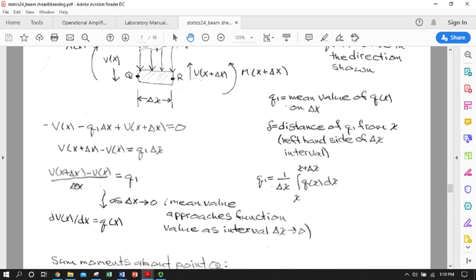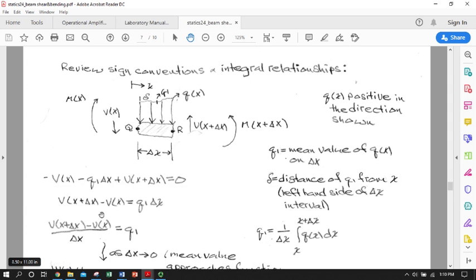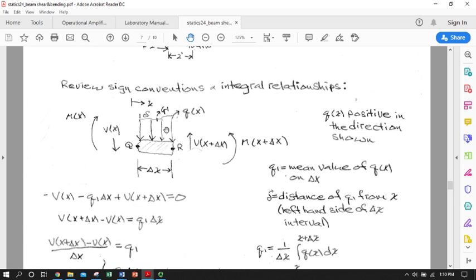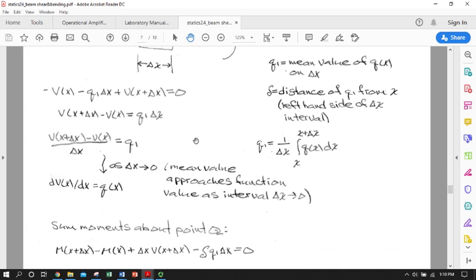And then as we take the limit of both sides as delta x approaches 0, we get dV/dx equals q of x. So we've dropped the negative sign versus the last derivation simply by presuming that our distributed load is downward. Okay, typical sign convention.